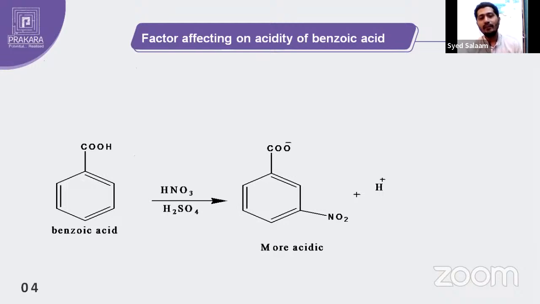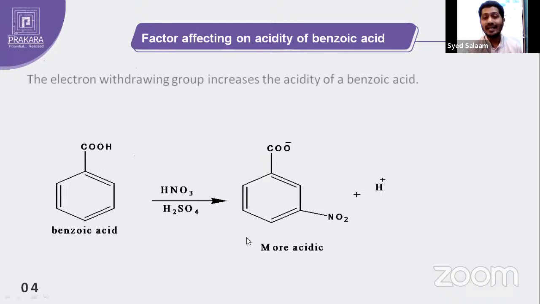So here let us see the factors affecting the acidity of benzoic acid. We got to know that benzoic acid, being an acid, has the ability to donate a proton. Now, what are the factors, presence of which group affects its acidity? When benzoic acid has a nitro group, NO2, on it, it will be more acidic.